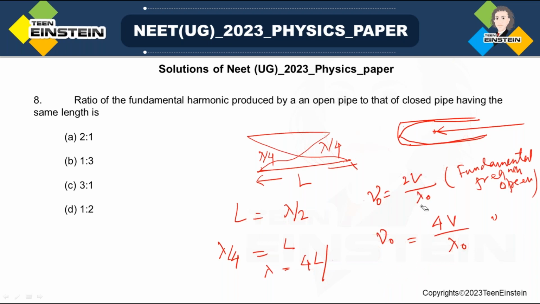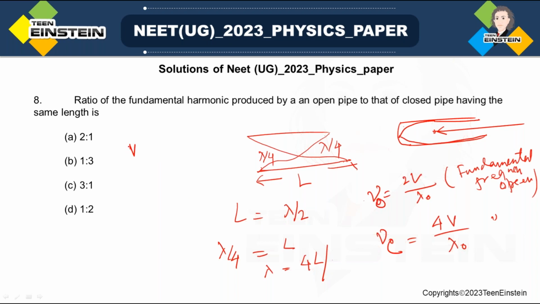Let us take this ratio then. This is for open and this is for closed.